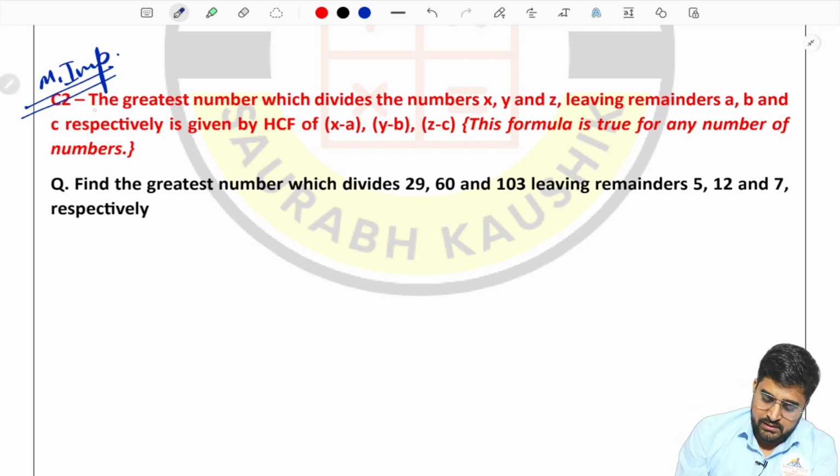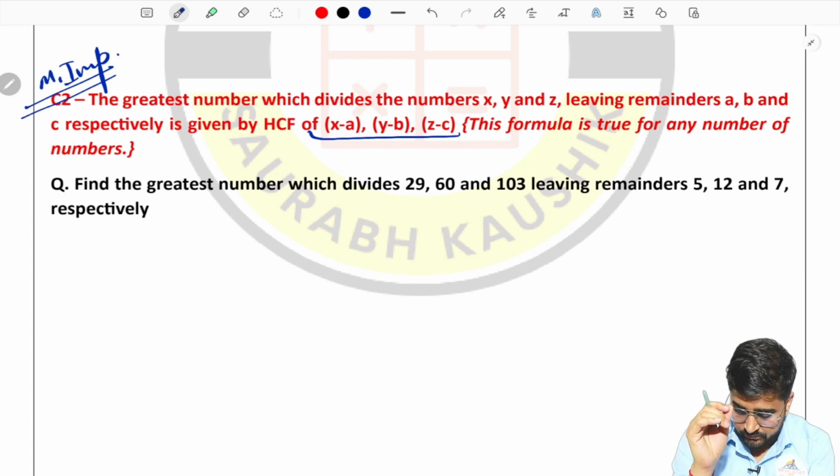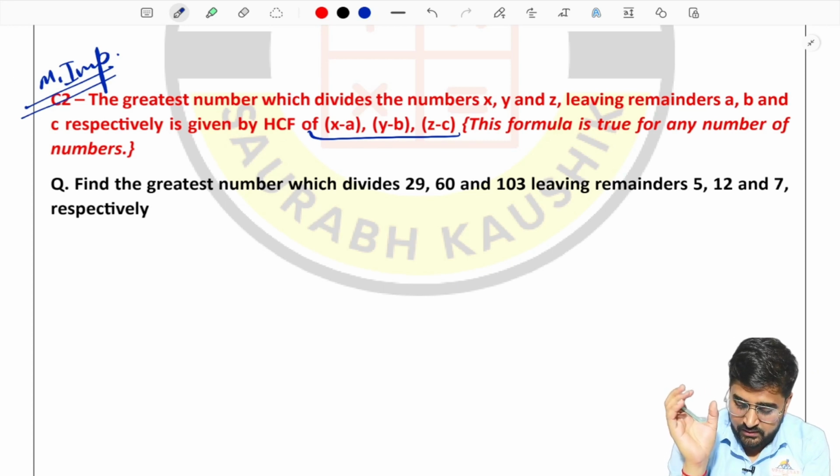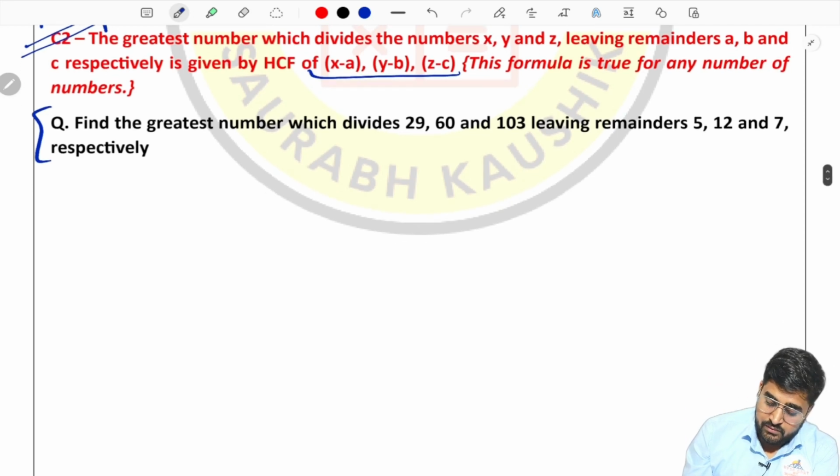What the concept says: the greatest number by which we divide the numbers x, y, and z, leaving remainders a, b, and c respectively, is given by the HCF of these. Basically, what they are saying is, let us solve it with the question only, it will help you.